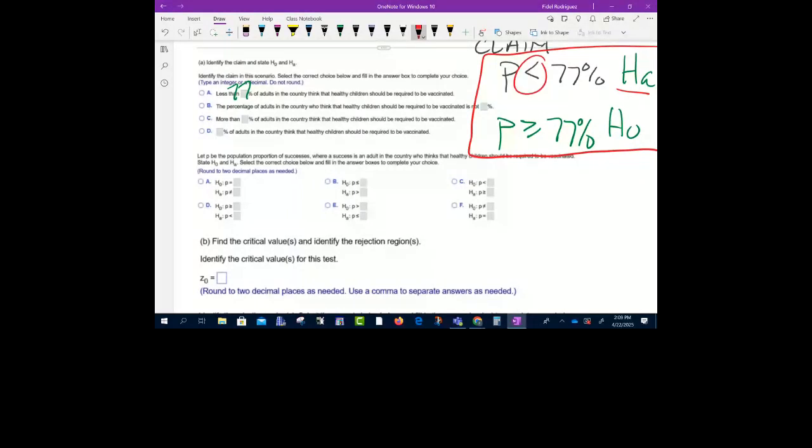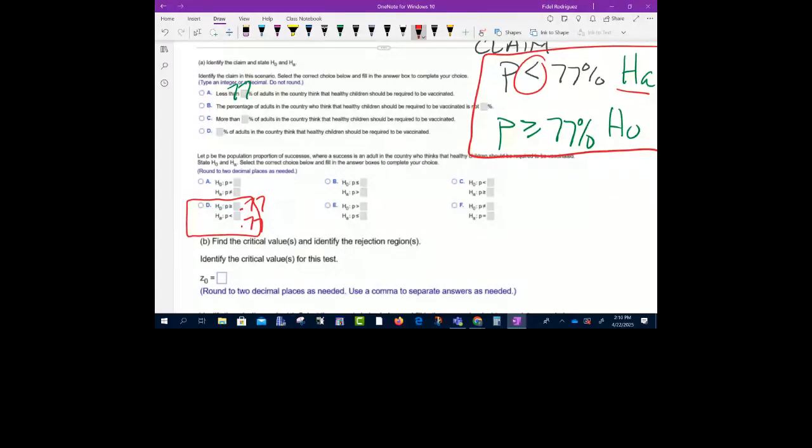So I'm going to look at my choices up here and I'm going to say, okay, which one has the Ha being less than? And it looks like choice D, right? Now, y'all, when you're going to enter your numbers in, instead of writing 77%, they want you to write it as a decimal. So in both those blanks, y'all, we're going to write 0.77, okay?